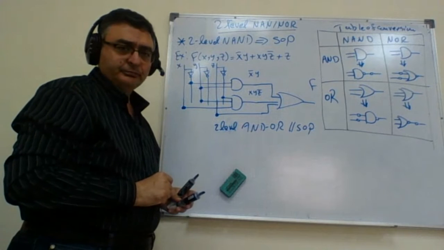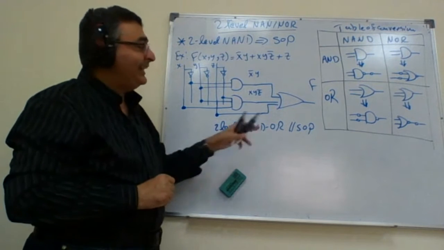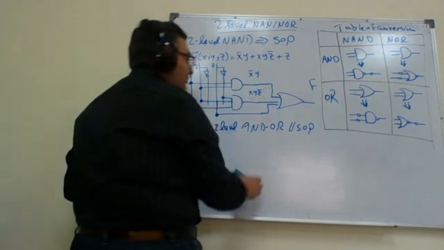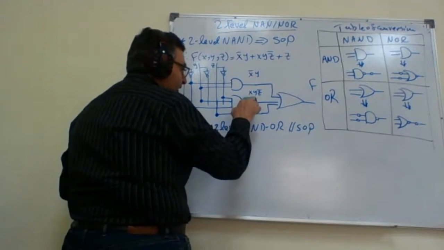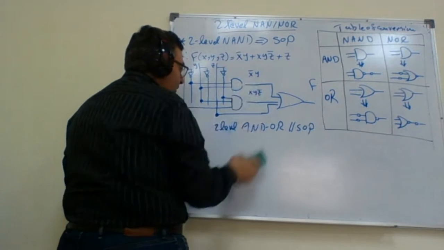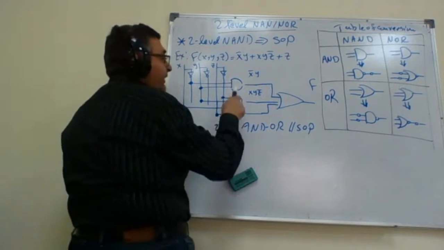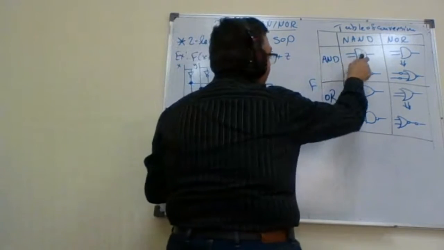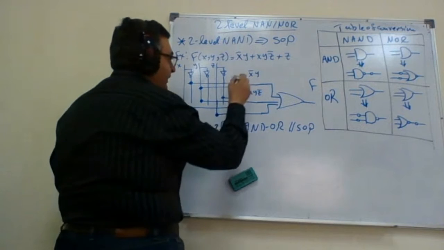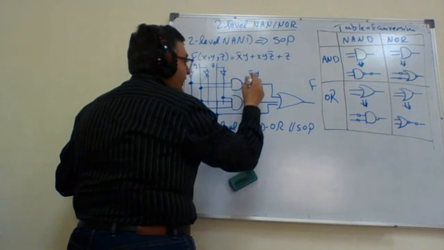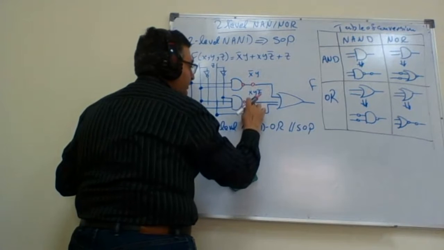Now, how can I achieve a two-level NAND? Using the same concept. All I have to do is remove the AND and replace it with a NAND. Replacing the AND with a NAND means a NAND and an inverter and the wire.